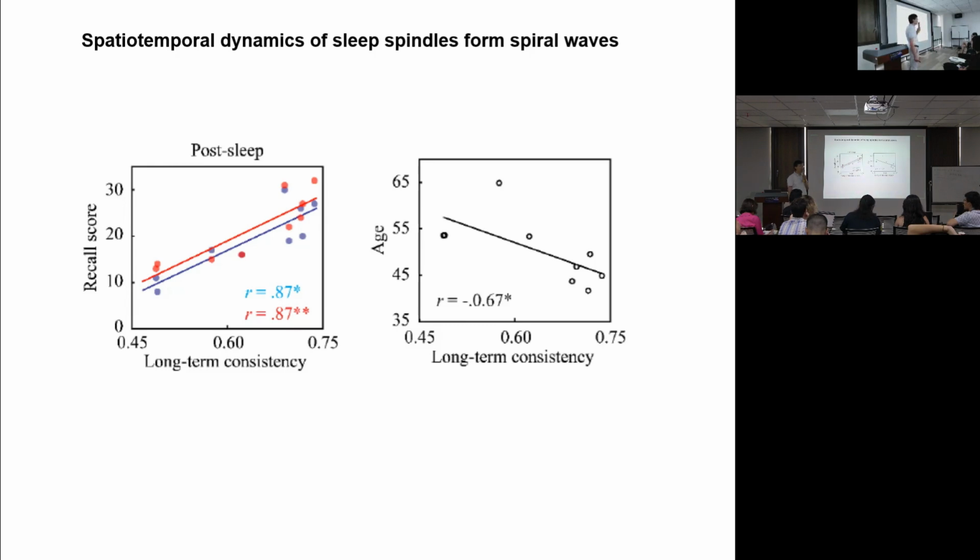Yes, we actually looked at other indices or quantities, as you mentioned, the durations of those spirals and the amplitudes of those spirals. We couldn't find significant correlations, but only for the trajectory, for the reason I've just mentioned: you need to have this kind of more stable dynamics to have more memory consolidation.